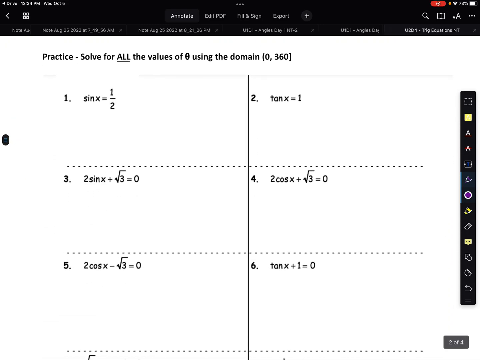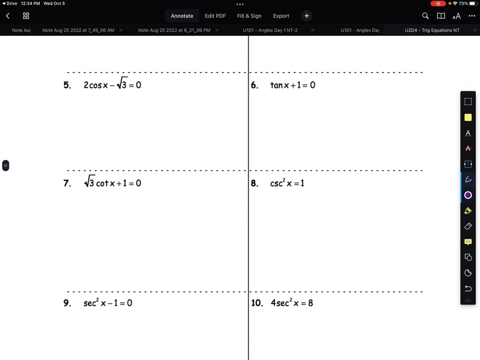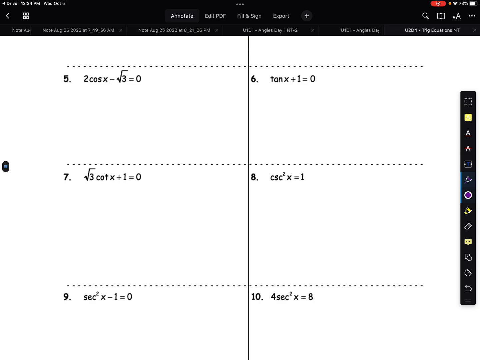All right, looking over here, any other different ones we should talk about? Let me go down to the cotans. All right, so cotan x equals negative 1 over rad 3, which if I rationalize is negative rad 3 over 3. But I guess no, in this situation, we don't even need to rationalize. Why rationalize?